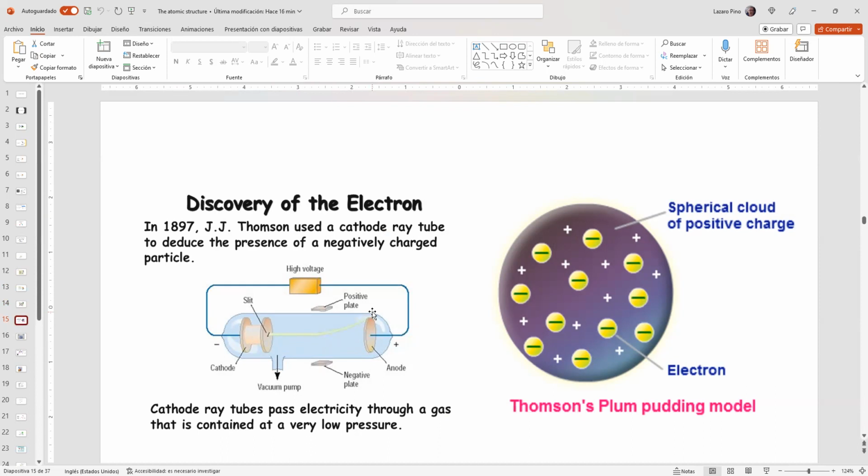Then he said that atoms are composed of a positive part, and inside of this positive mass we can find the electrons, which are charged particles.